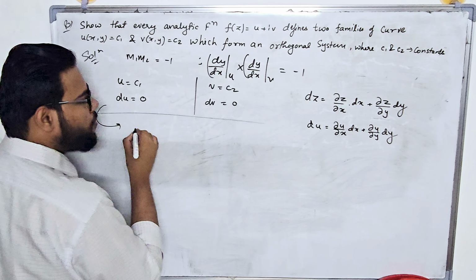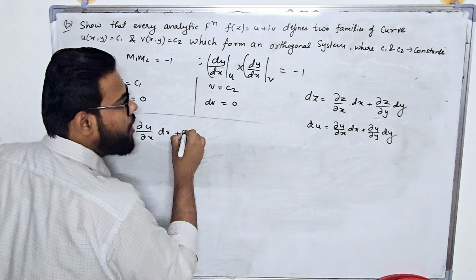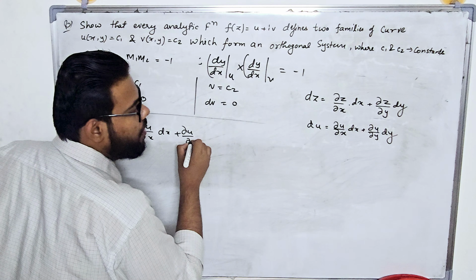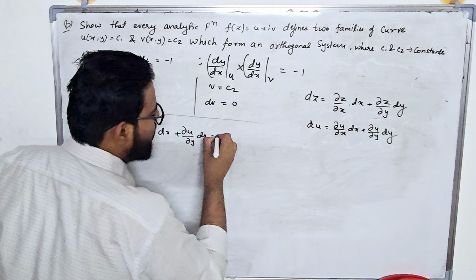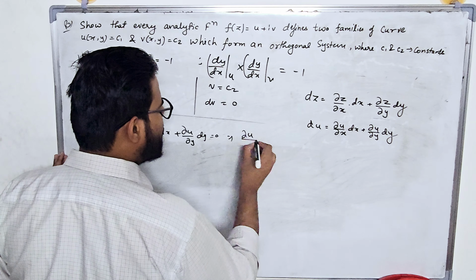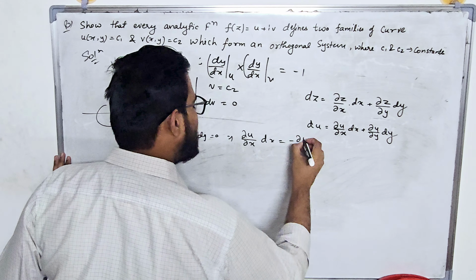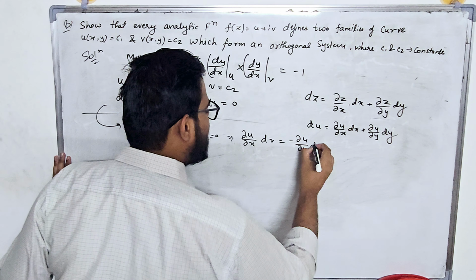Hence this expression is ∂u/∂x dx + ∂u/∂y dy = 0. So from this we will have ∂u/∂x dx = -∂u/∂y dy.